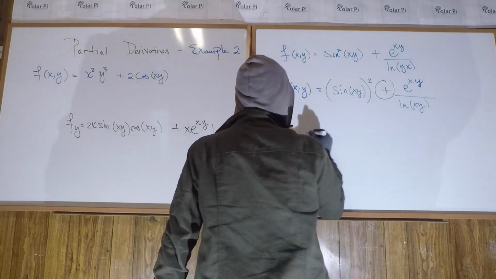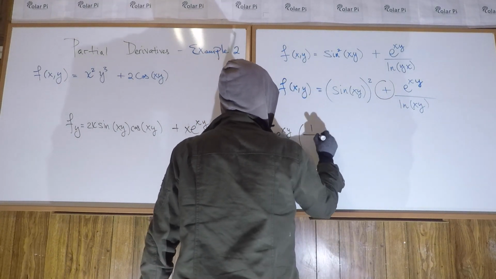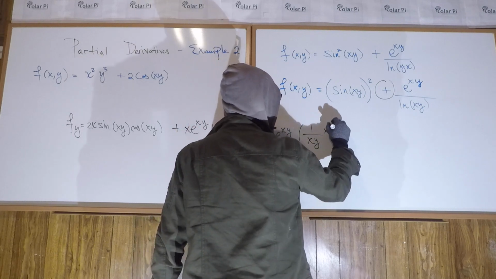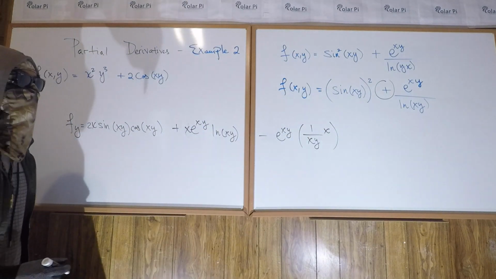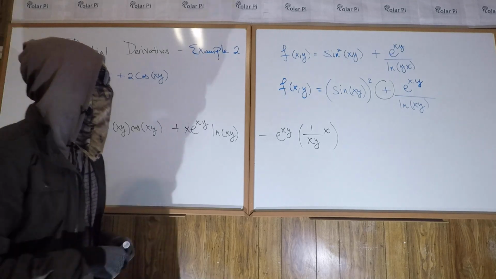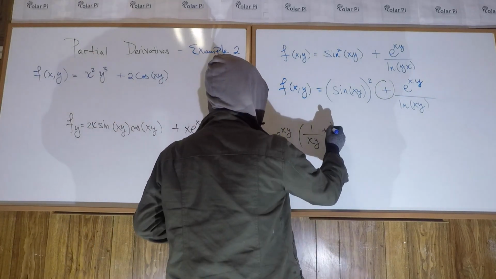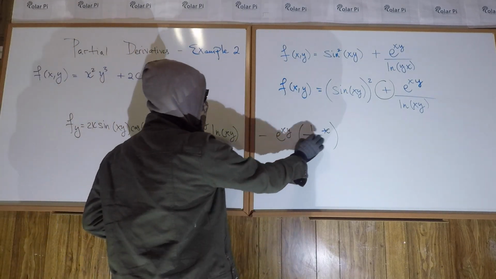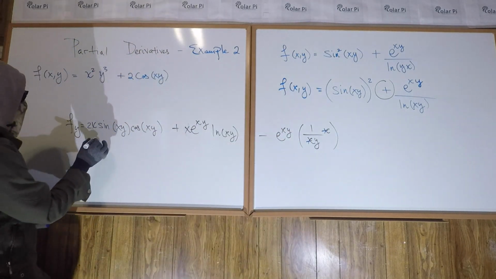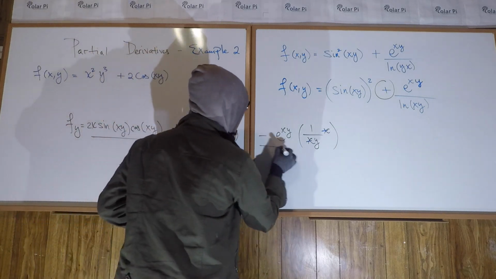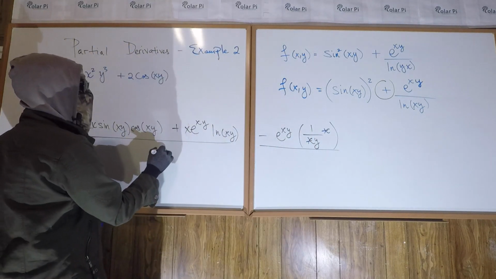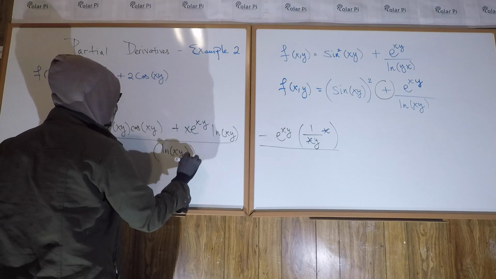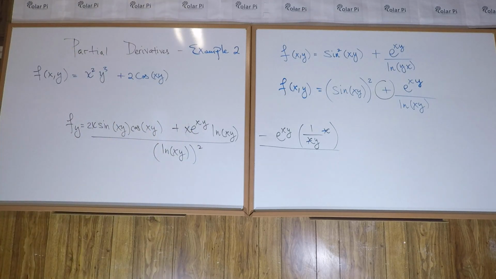So the derivative of the bottom is going to be 1 over xy times x, because x is a constant. And then of course, all of this, and this is why I wanted to scoot it to the left, all of this divided by the bottom squared. Okay, yes, it's very cumbersome.